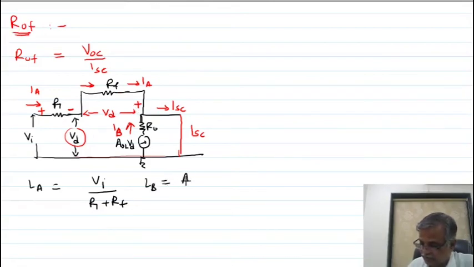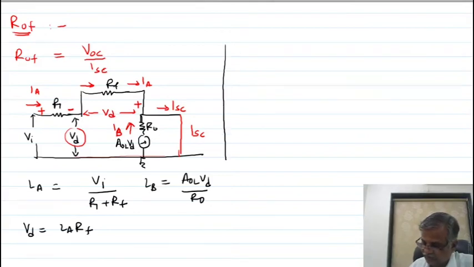IB is nothing but AOL VD upon RO. But what is VD? VD is nothing but the current multiplied by resistance. So look here, what I have written. First, IA is nothing but VI upon R1 plus RF.